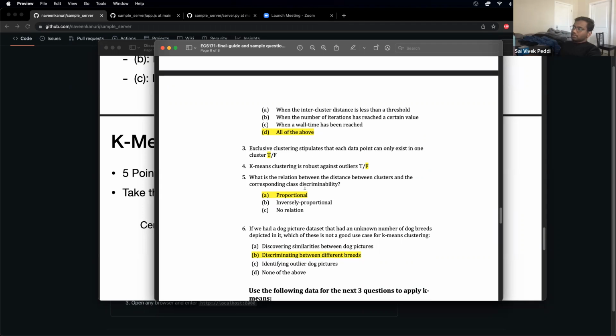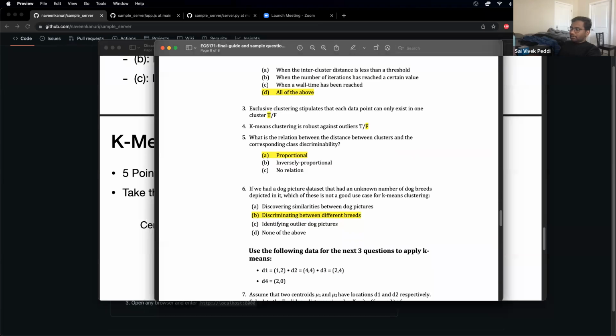Think of it like this: the farther the point is from the cluster, the easier it is to discriminate. If the distance from the centroid is high, that point doesn't belong to this cluster. So it's proportional with class discriminability.